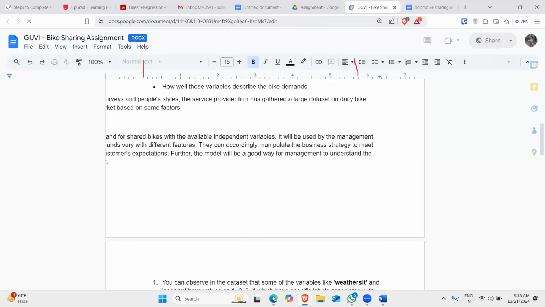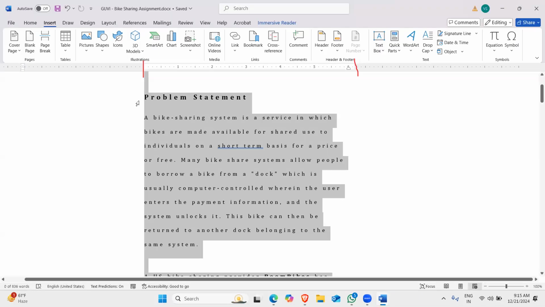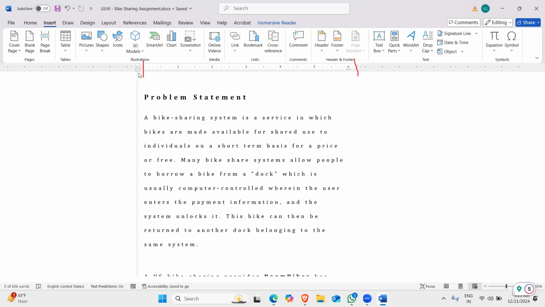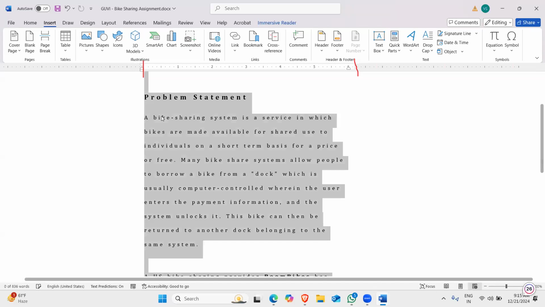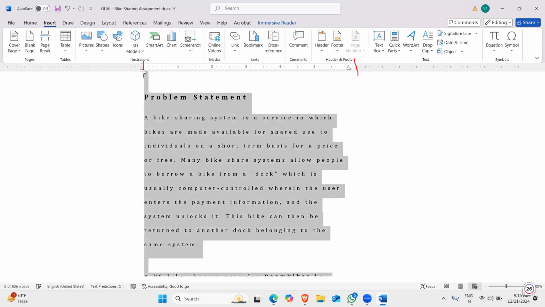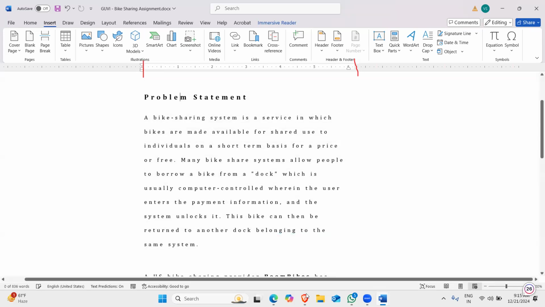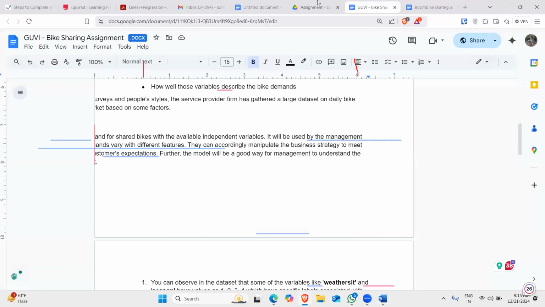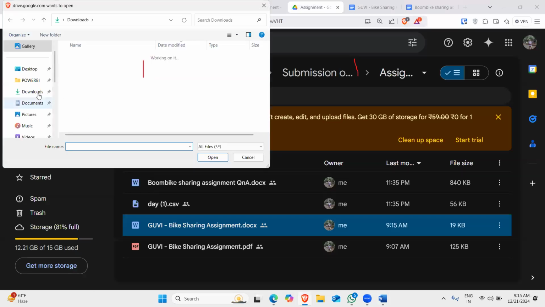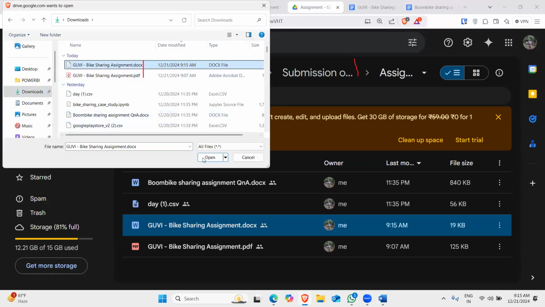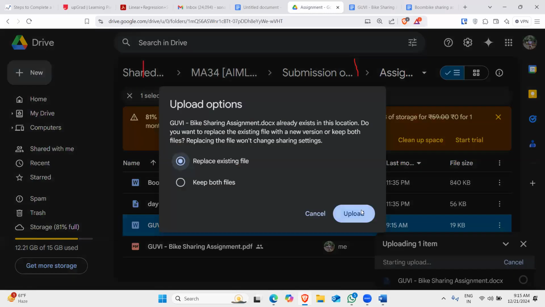Now, the left hand side is remaining, that we need to take care of. Okay. Let us take this. I'll just save this, and let us try to upload this now. So that is your questions.